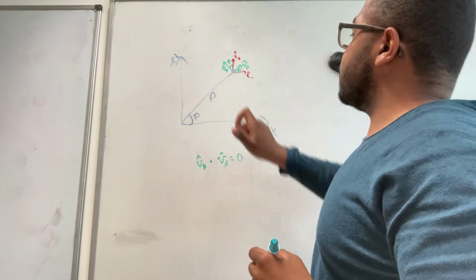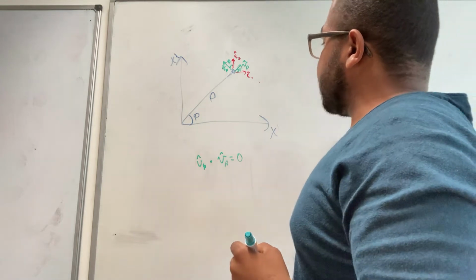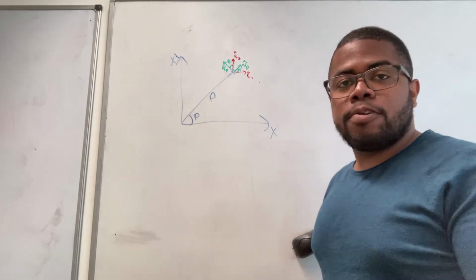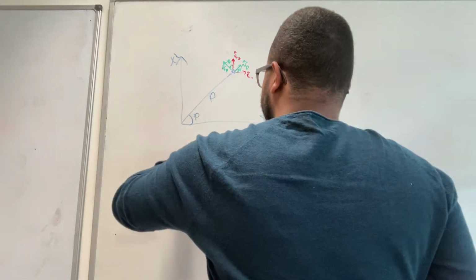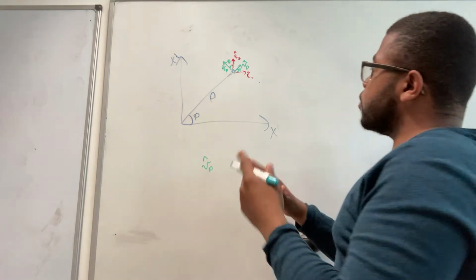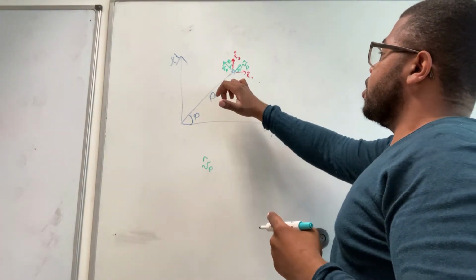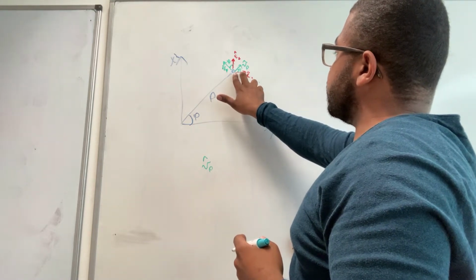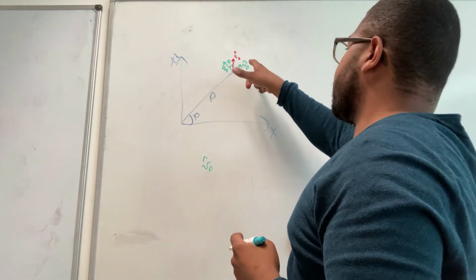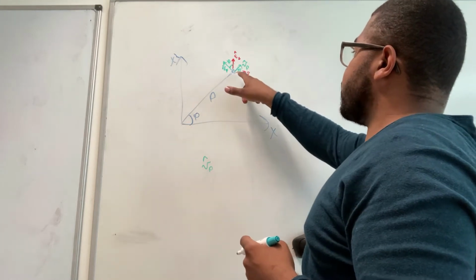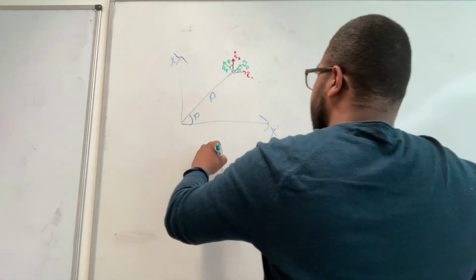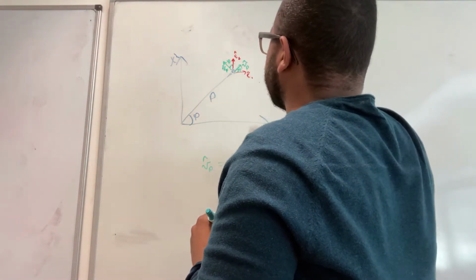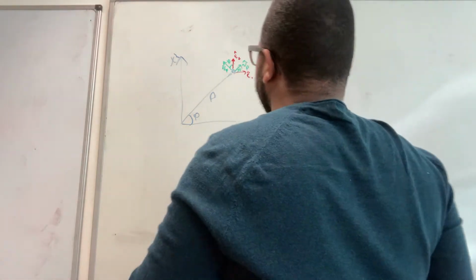So with these angles in mind, now we can actually write our V phi hat and V rho hat in terms of the basis vectors for the Cartesian coordinate system. So for example, V rho hat, if we use a little bit of trigonometry, we can see right here that it should be, well, this component right here, which should be V rho hat multiplied by cosine of phi plus this vertical component right here, which should be V rho hat again, multiplied by this time sine of phi.